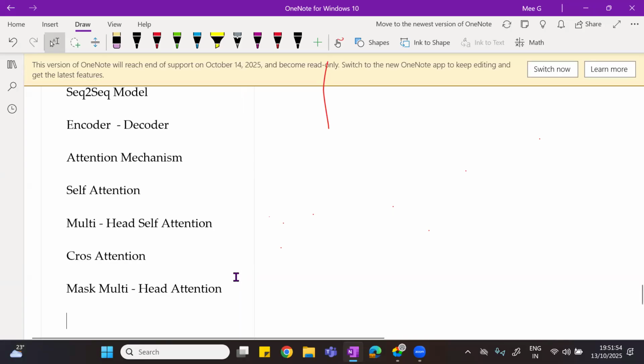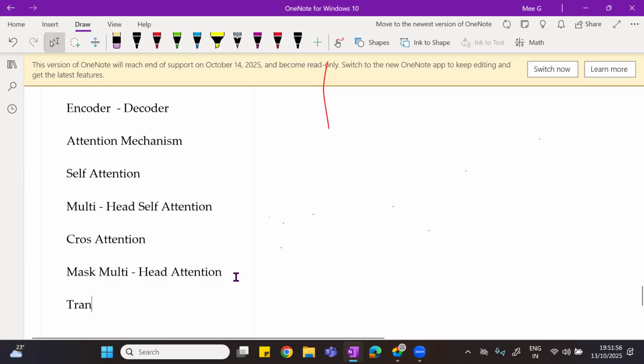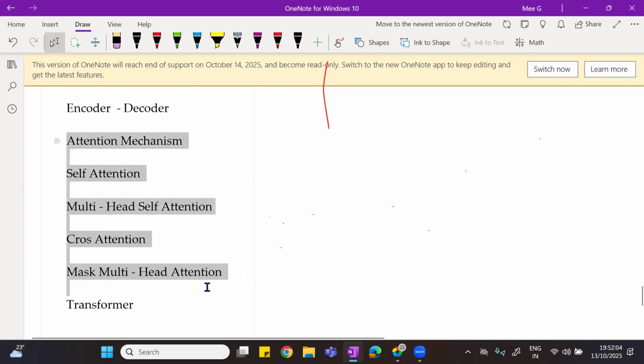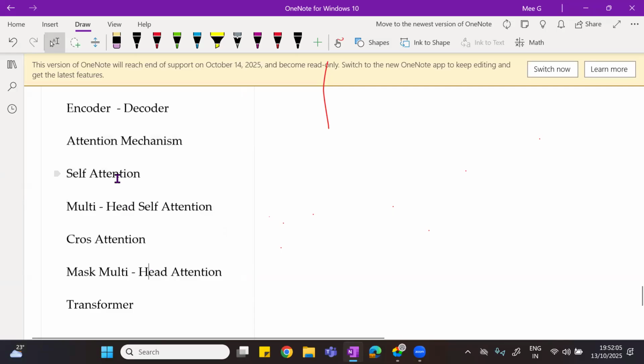Okay. And there is a transformer. See, the heart of the transformer is, to be frank, self-attention. Transformer is implemented with self-attention.